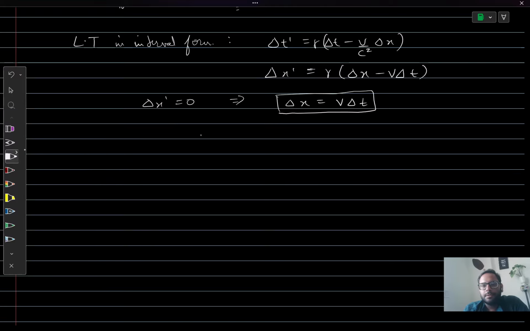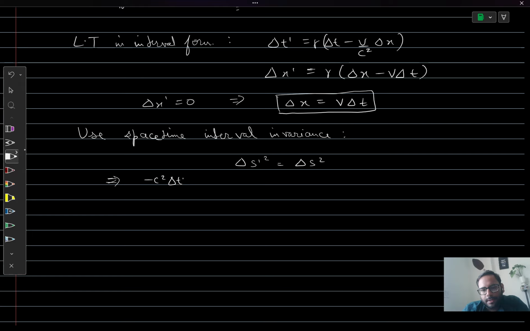Now you just use the space-time interval invariance, that is, s prime squared is equal to s squared. What was it?